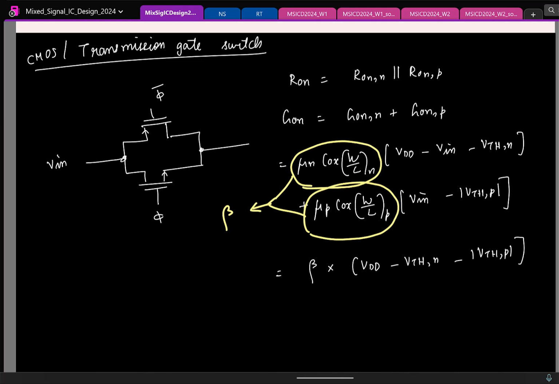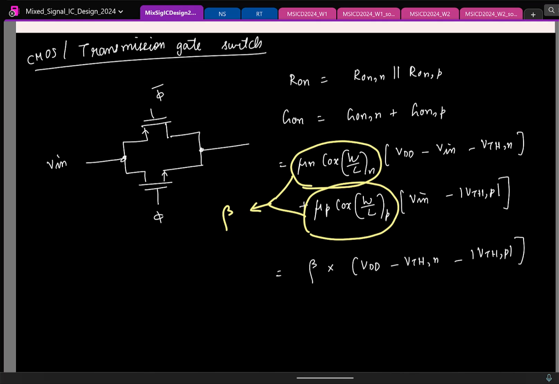When is my on resistance independent of the input? Or let us say, why is this happening here? I have assumed that these two factors are equal. So first of all, it is practically not possible to guarantee matching of these two parameters, because you will have variations from chip to chip.